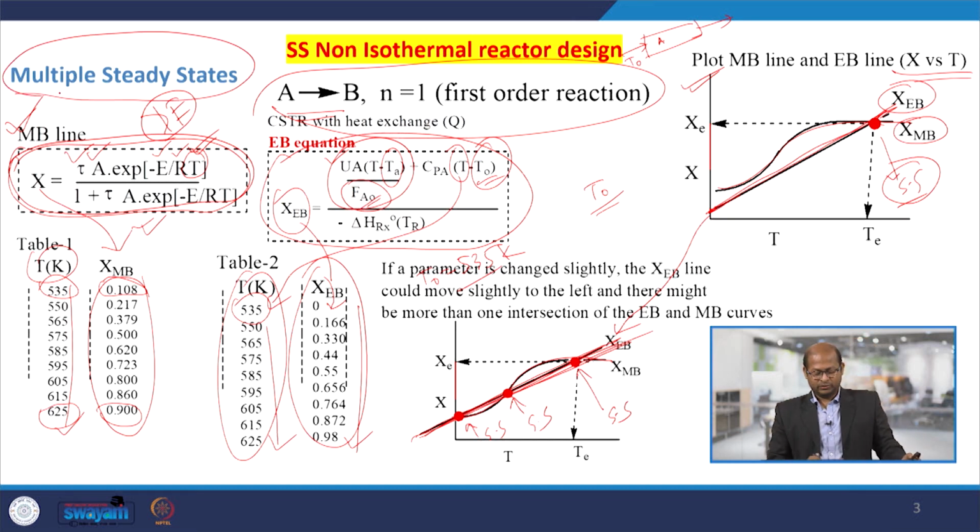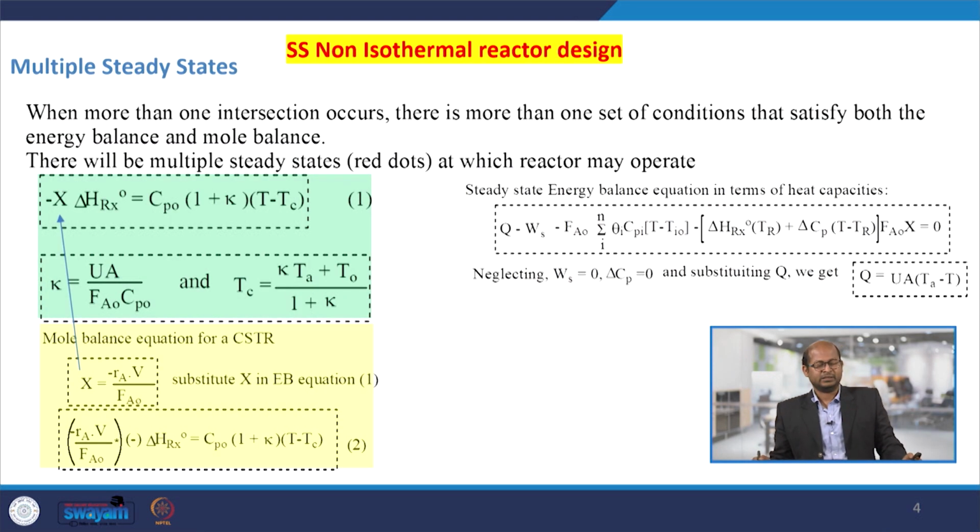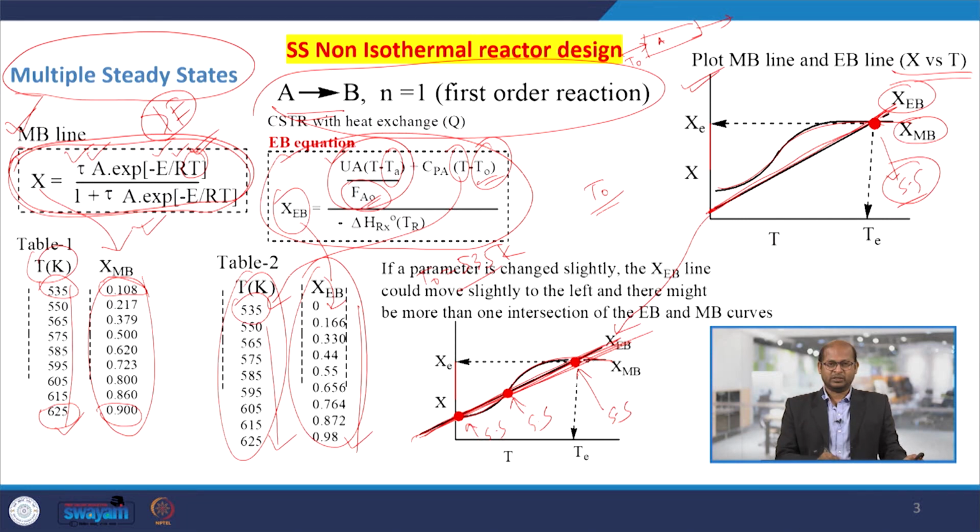Whenever we are conducting reactions, during operations we may need to change one parameter due to maintenance of other parameters or systems. Then the energy balance line or material balance line would also be affected, and the steady state point will also change.